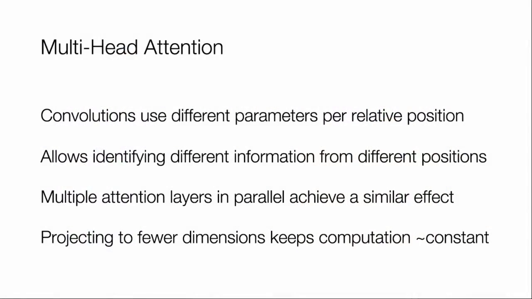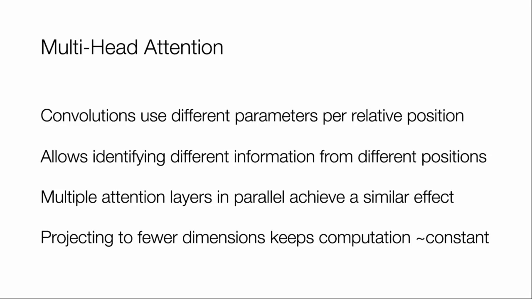Now, one big weakness of self-attention relative to convolution is that convolutions use different linear transformations for each relative position, and that lets you know which information came from where. Self-attention is just a weighted average. So, for example, if a verb attends to its subject and to its object, then you get a mix of the two.